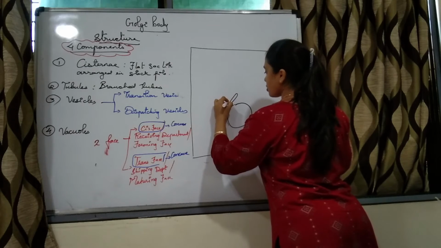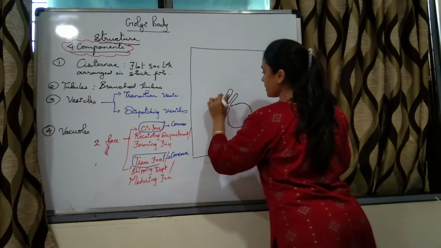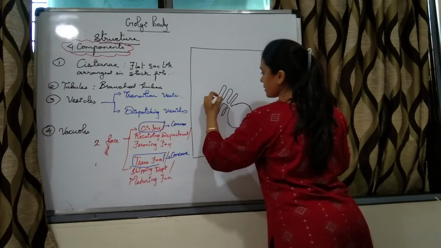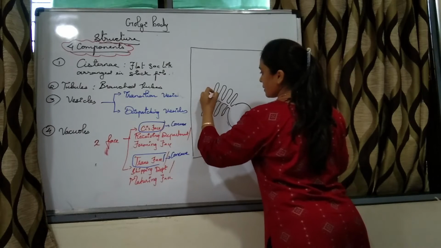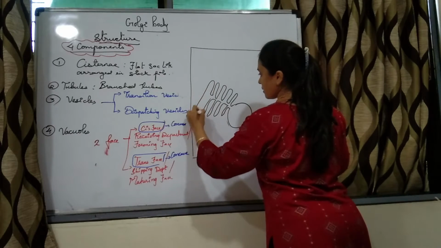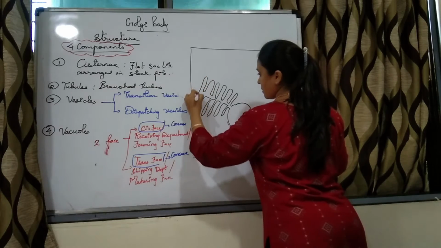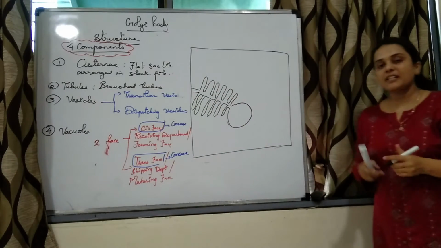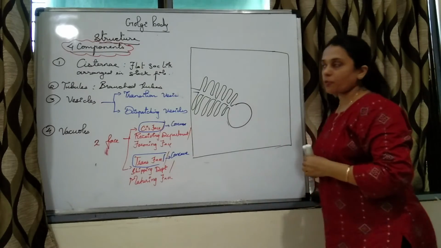We have studied the structure of endoplasmic reticulum, so now I am not explaining it precisely, right? This is the connection. Whether it is smooth or rough doesn't matter. Right? We are going to draw the Golgi body.